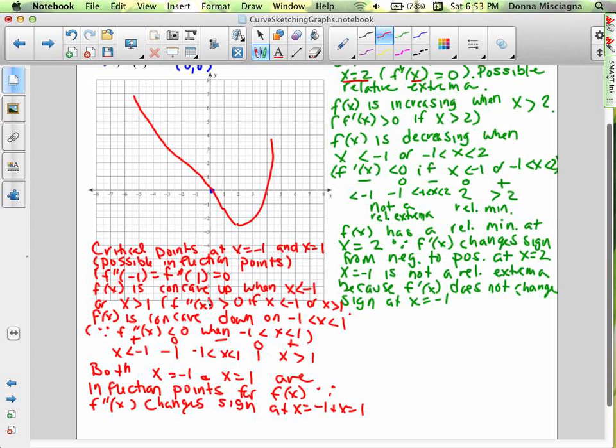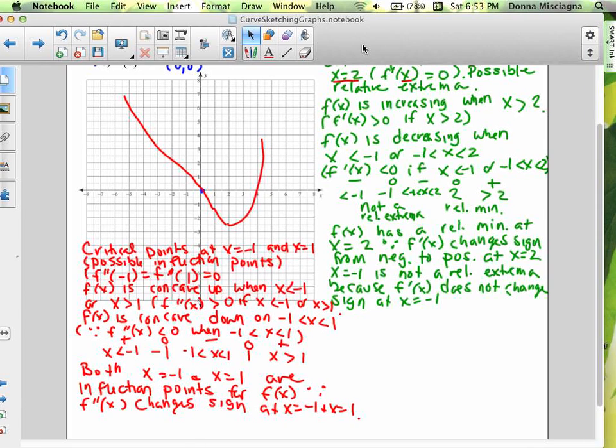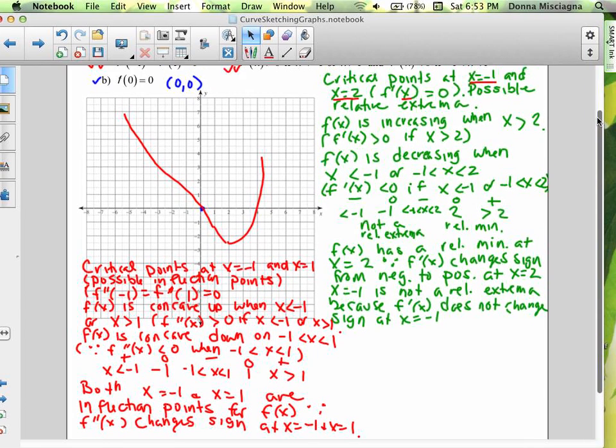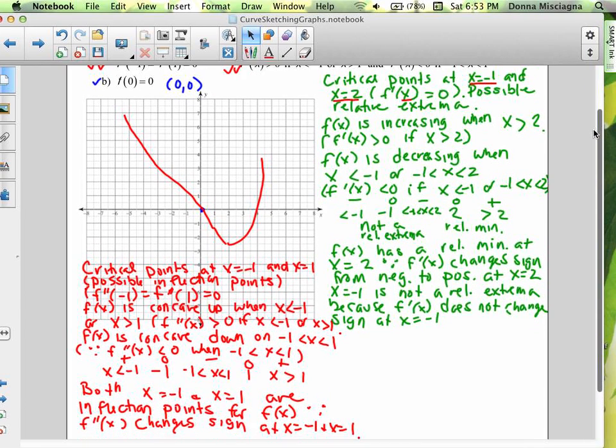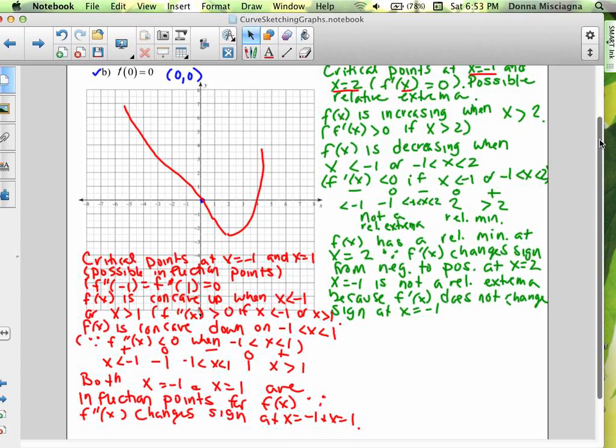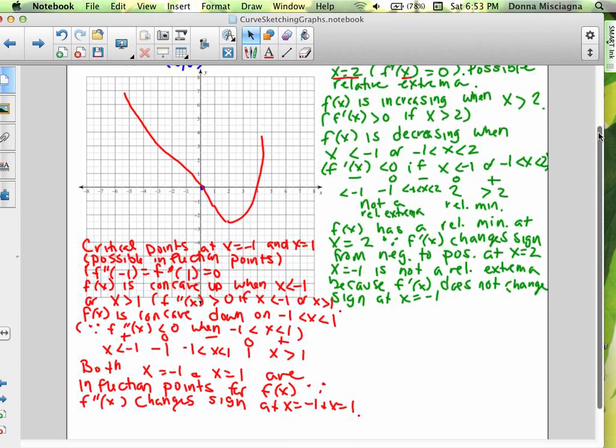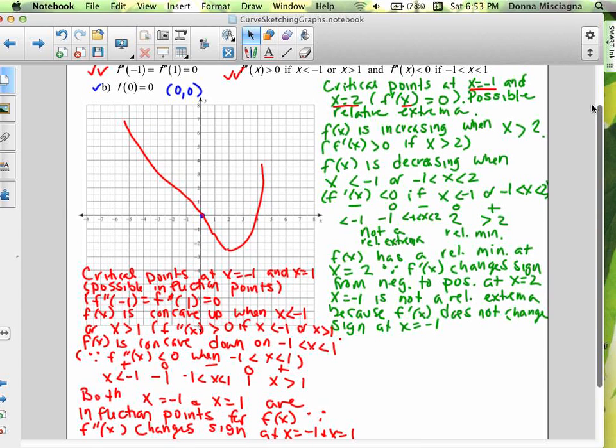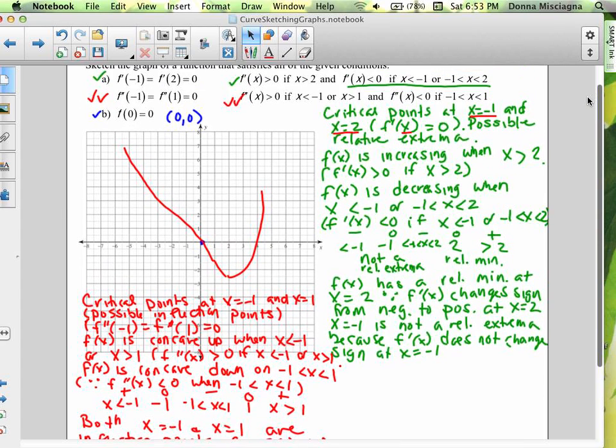All right, so all we got to do now is finish our graph. If I went too fast and you need to stop and write this down, just pause me. We are really close on this graph. It's just not a real clear change in concavity between concave up and concave down.